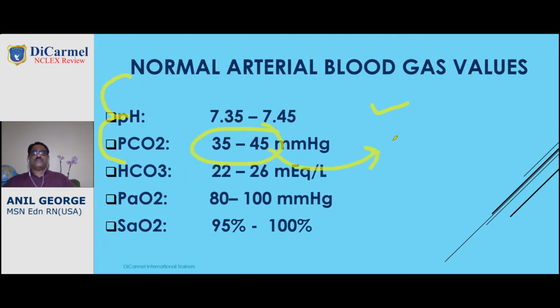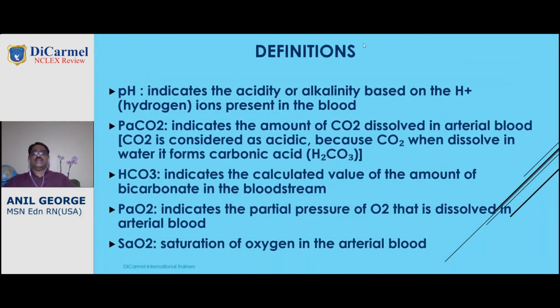If that 45 goes to 50 or 60, the body is becoming more acidic, because carbon dioxide forms carbonic acid when it dissolves in water. That's why a patient with an asthma exacerbation who retains carbon dioxide can go into respiratory acidosis. So that's our CO2 value; again, carbon dioxide is an acidic substance.